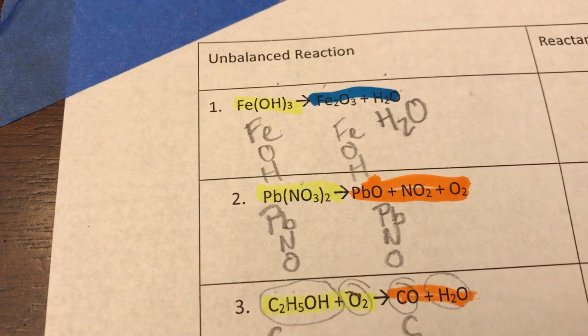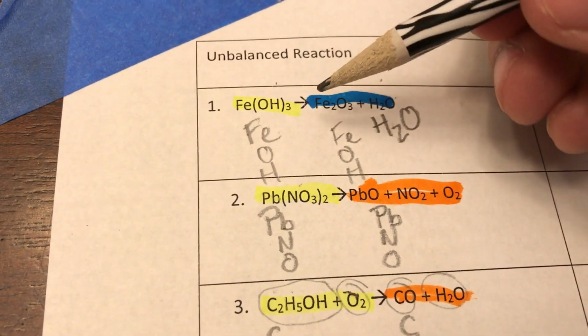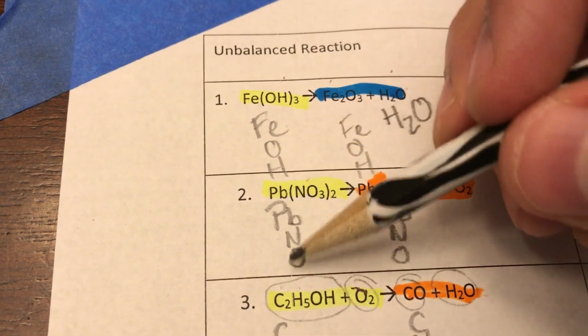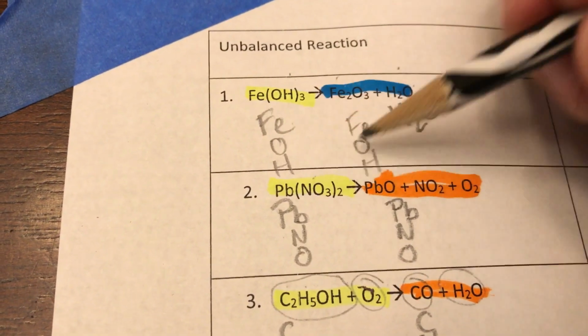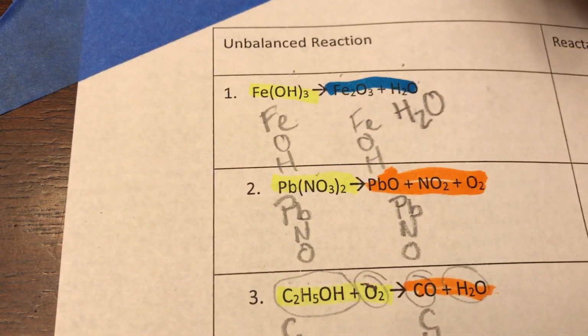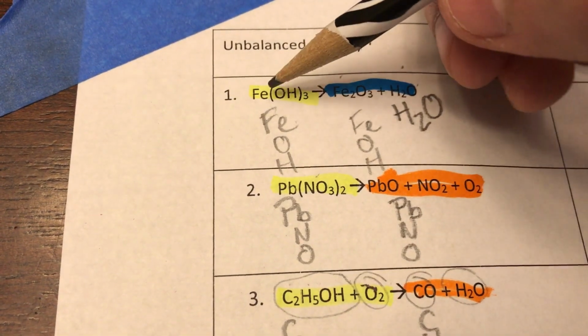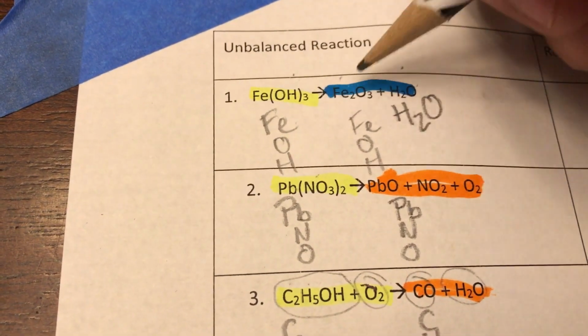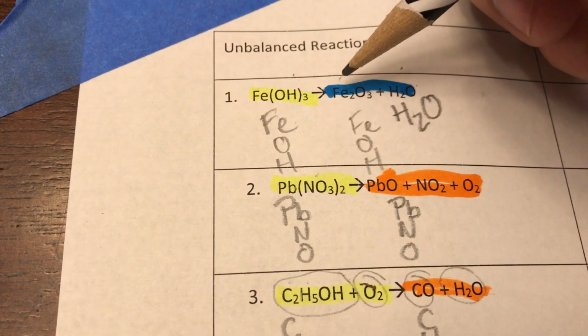Part two, I guess. Now, to balance these, what I've done here is I've just written down all the elements that happen in the equation. So to balance, what we need to do is make sure that we have the same number of each type of atom on both sides.